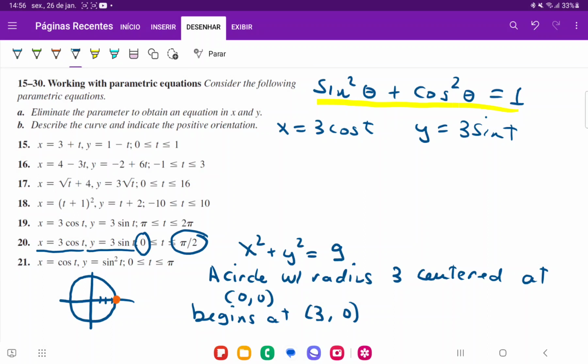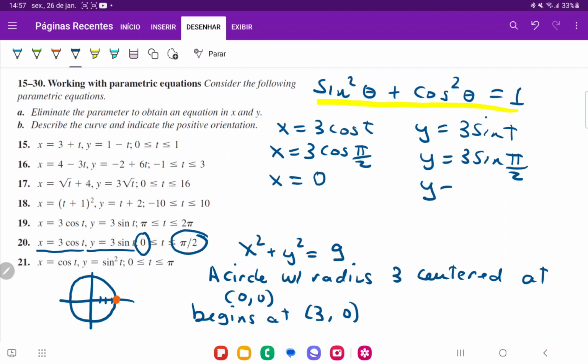So x is going to be equal to 3 times cosine of pi over 2, and y is going to be 3 times sine of pi over 2. Cosine of pi over 2 is just 0, so x is 0, and y is 3 times sine of pi over 2, it's 3 times 1, so y is 3.